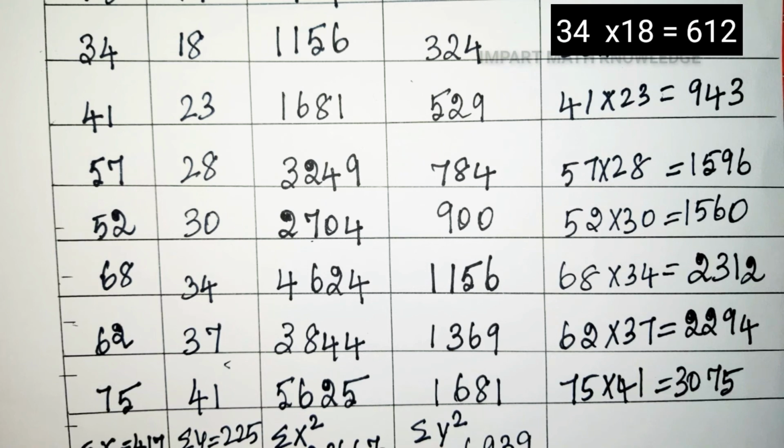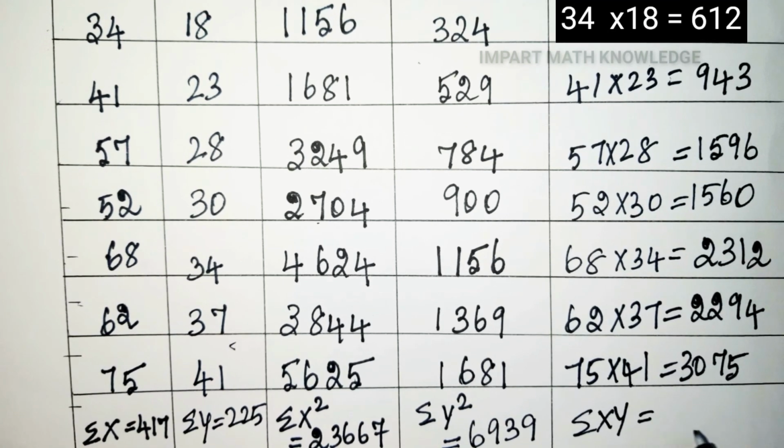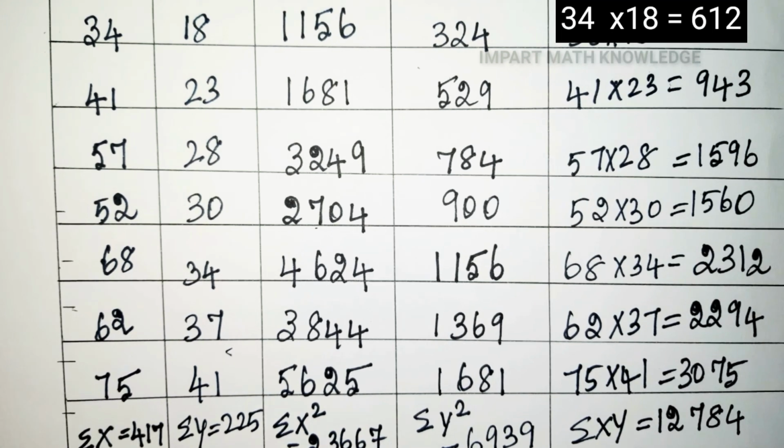After multiplying x and y, we have to find summation xy. Summation xy is equal to 12,784. Substitute all these values in Karl Pearson's coefficient of correlation.